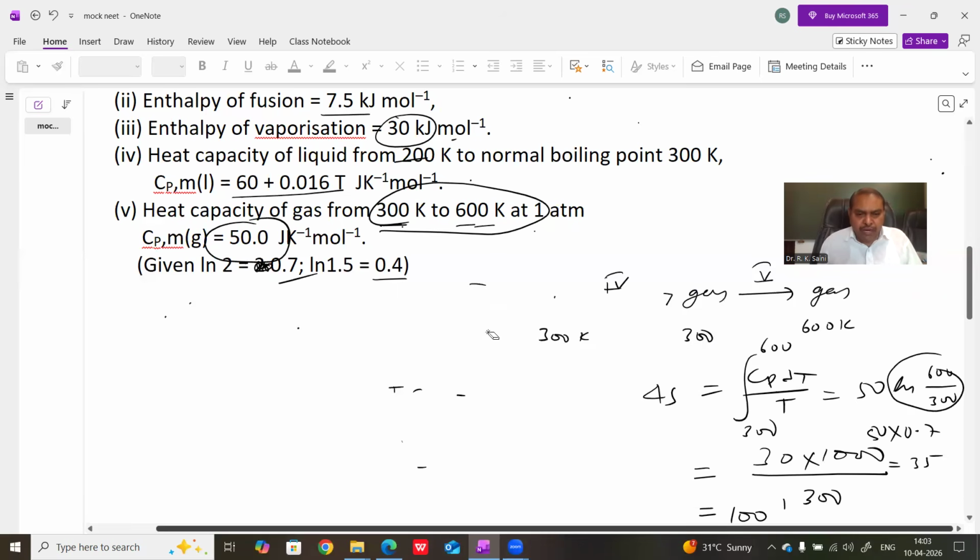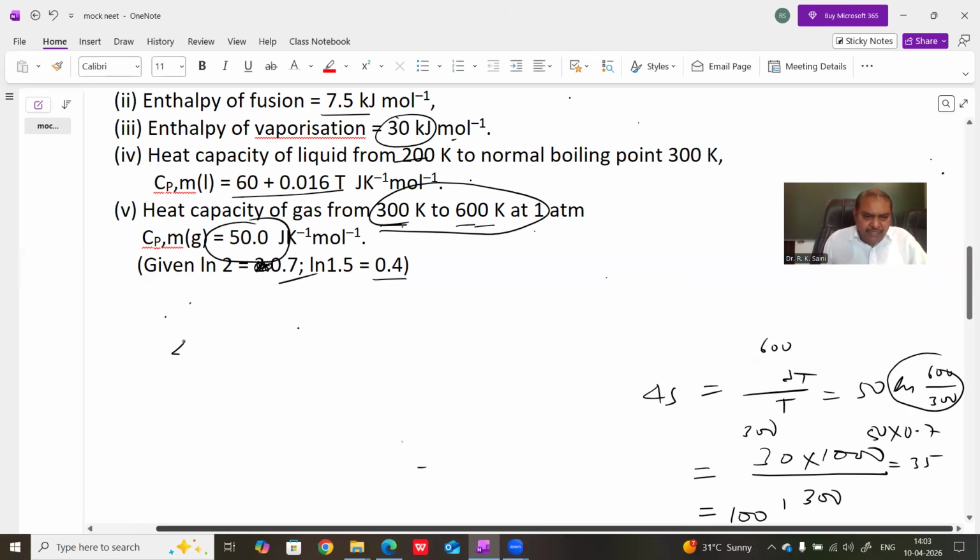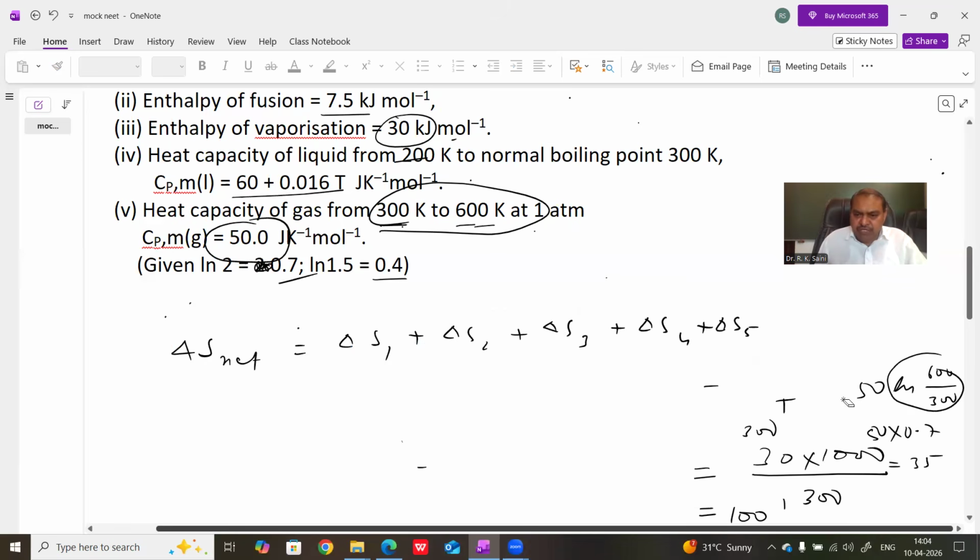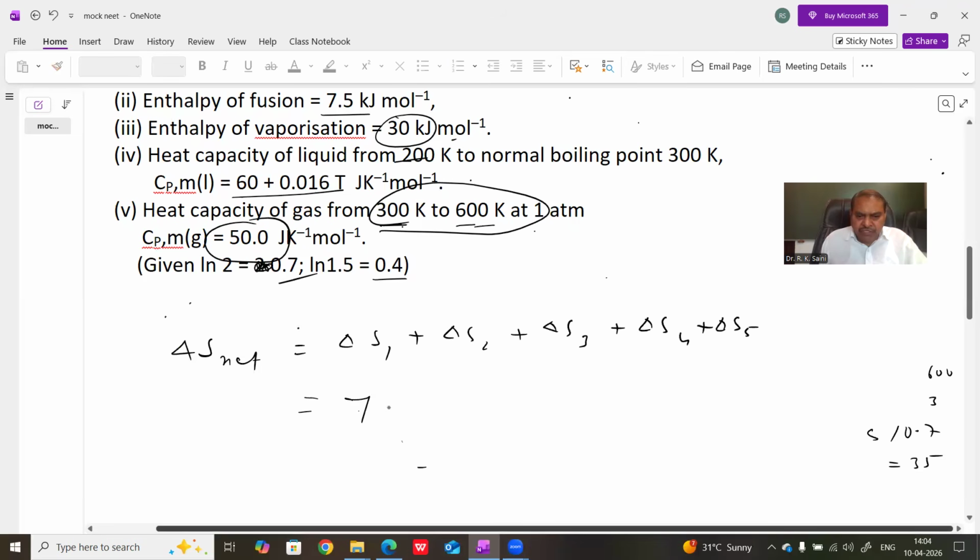Now we find the overall entropy change of the process by adding the entropy changes of all steps. The entropy change in the first step is 7 joule, in the second step 37.5 joule per Kelvin, in step third 25.6, in step 4 it is 100, and in step fifth the entropy change is 35.